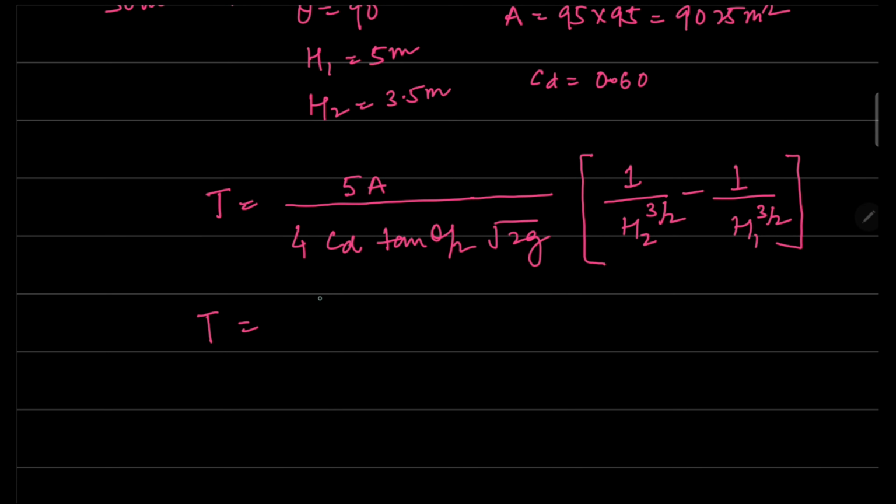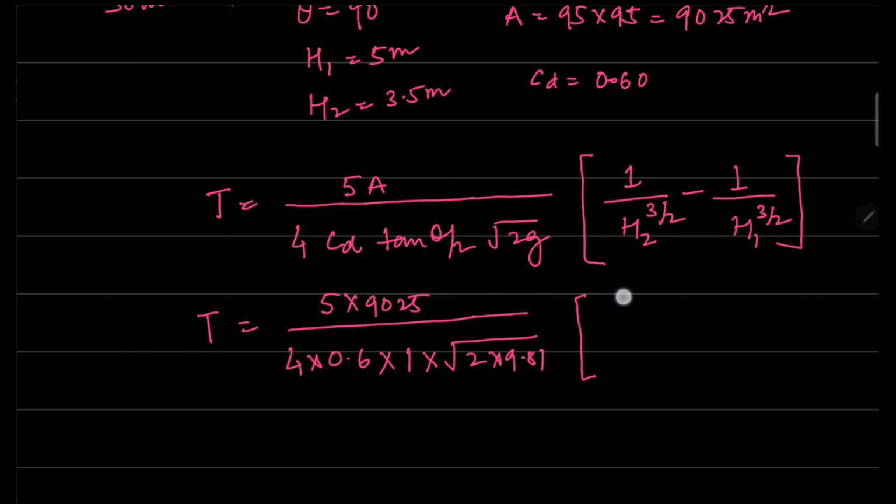So T is equal to 5 multiplied by 9025 divided by 4 into CD value 0.6 multiplied by tan theta by 2, that will be tan 45, and tan 45 is 1, and under root 2 into 9.81, divided by 1 over 3.5 raised to the power 3 by 2.